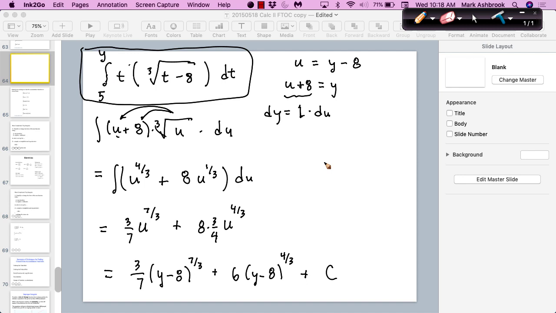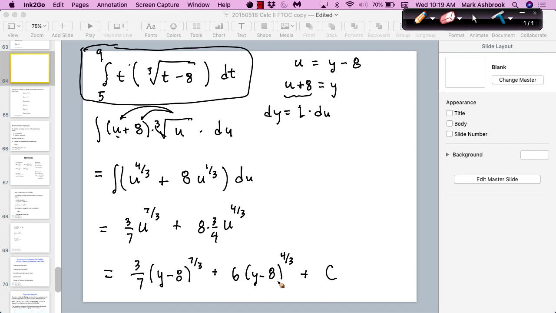Okay, so then what would that mean? So I come down to here. Actually, it's got to be totally definite. So say I want the net accumulation from 5 to 9. So now this is not a function anymore. It's a number. It's an amount of change. It's an amount of accumulation as y goes from 5 to 9. So how would I do that?